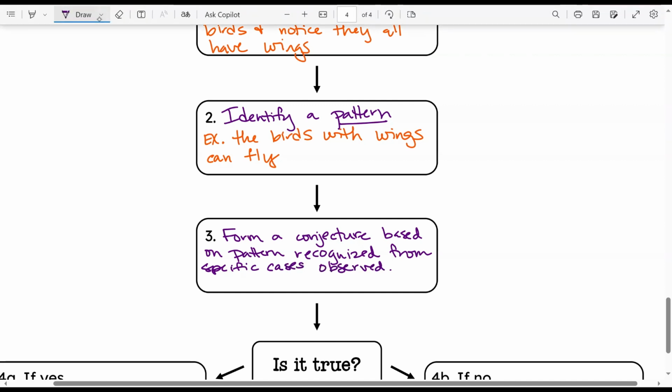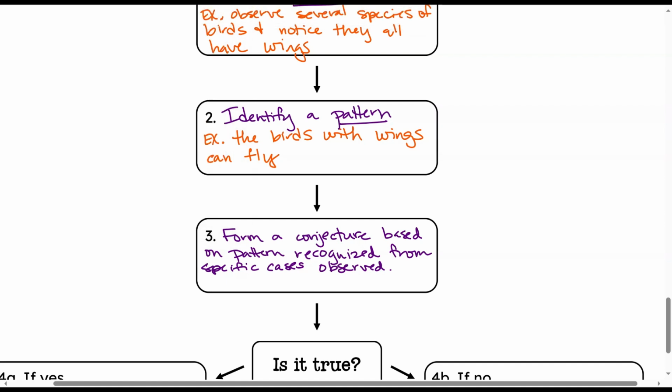The conjecture that we're going to form is that all birds with wings can fly. That's the conjecture that we're forming. All birds with wings can fly. That's our conjecture.